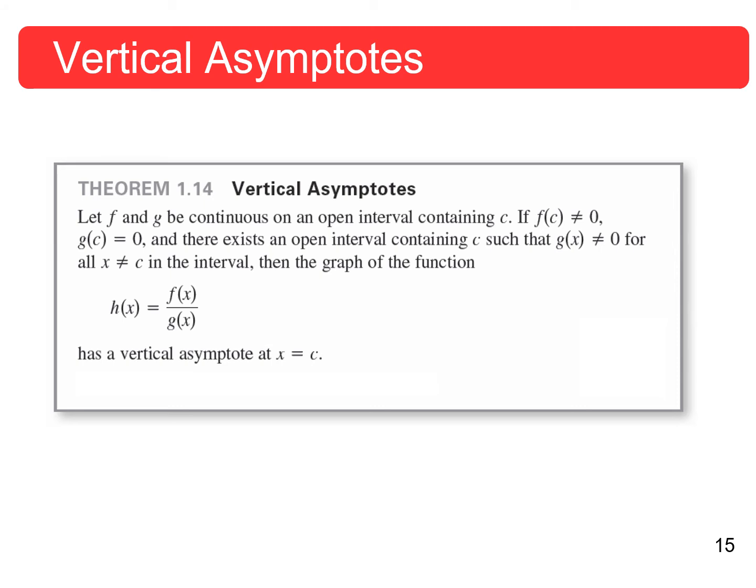Now, the next theorem generalizes this observation. This theorem gives us the idea on how we could find the vertical asymptote of a rational function.